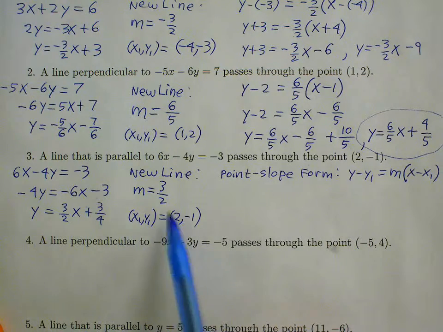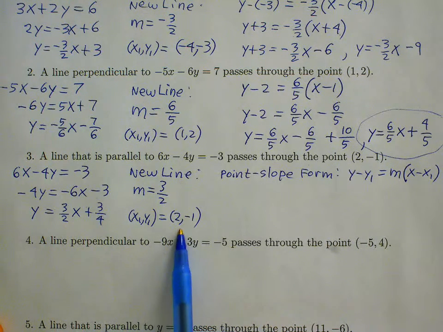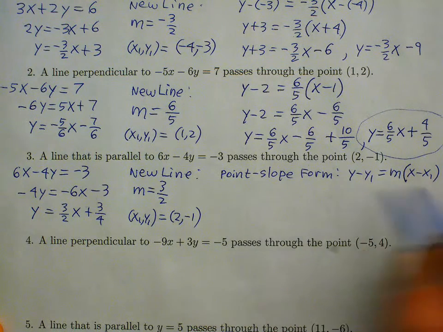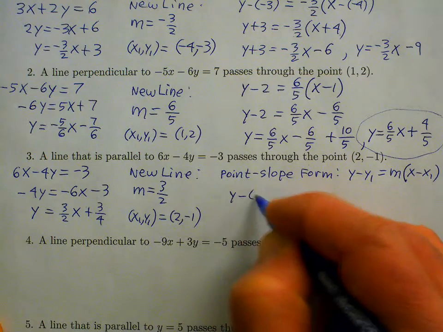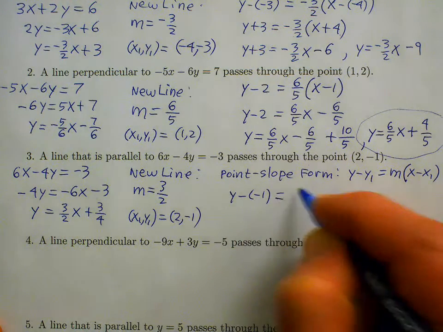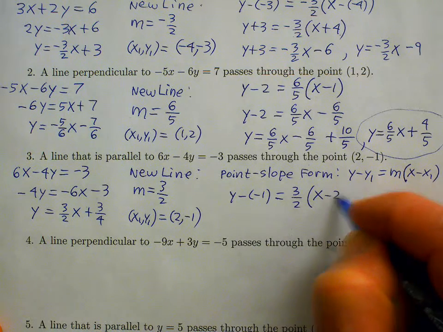Okay, so with the slope 3/2 and the x1, y1, the ordered pair 2, negative 1, we write the point-slope form. So y minus negative 1 equals 3/2 times the quantity x minus 2.